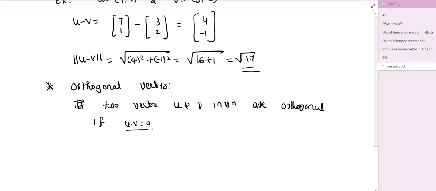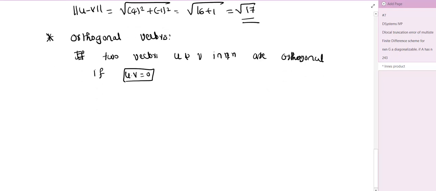If any two vectors you are given, if the inner product of those two vectors is equal to 0, then we say that they are orthogonal to each other. And for a note, the 0 vector is orthogonal to every vector in Rn.